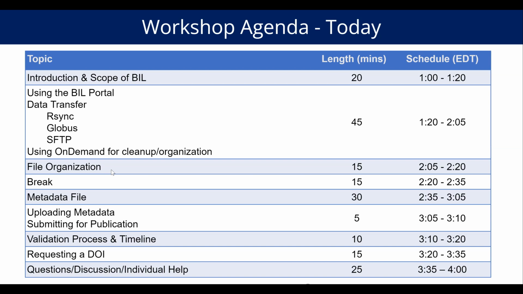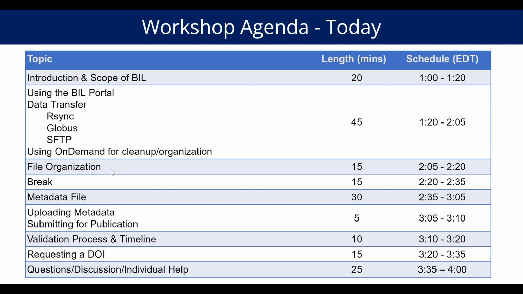And at the end of the process, you will get a DOI, and we will talk about DOIs. We do issue a couple of different DOIs. One is the DOI for the data set, and the other DOI is for a collection of data. The data set DOIs are issued by default.